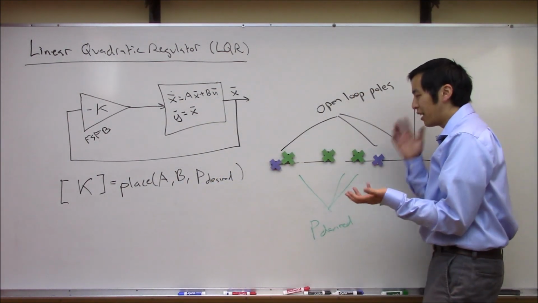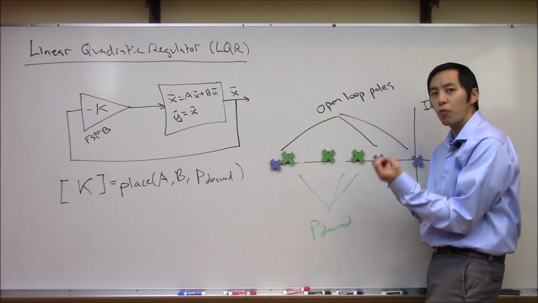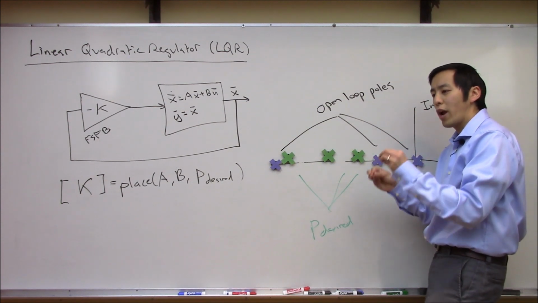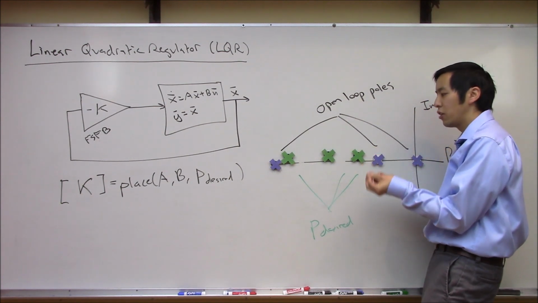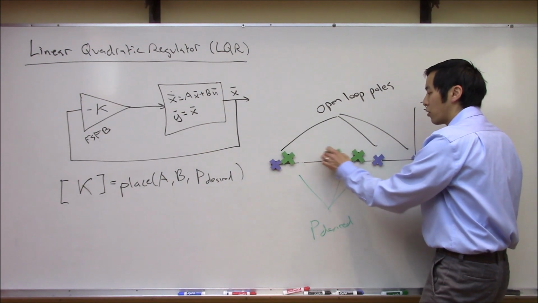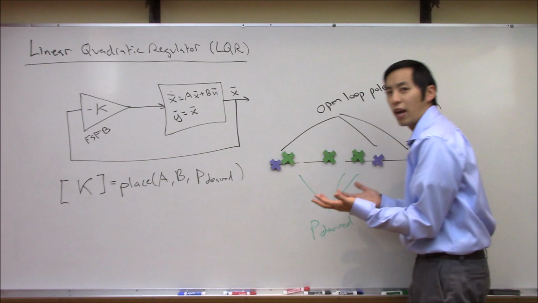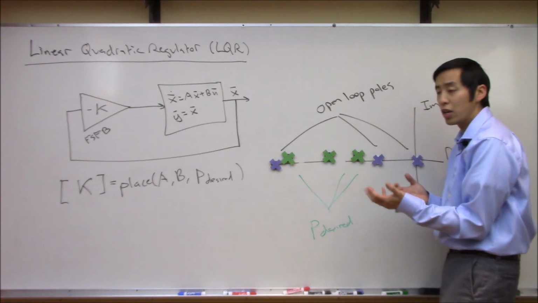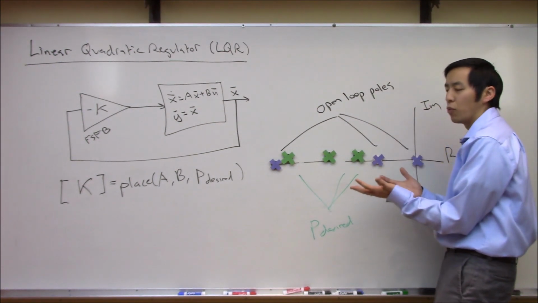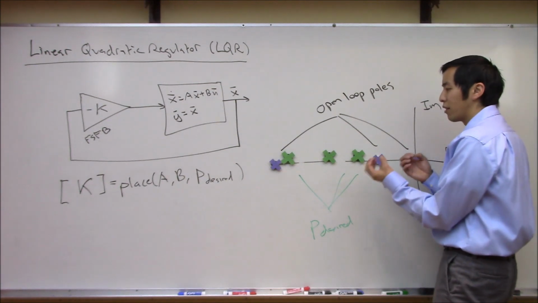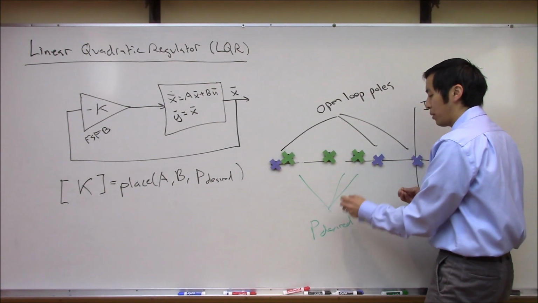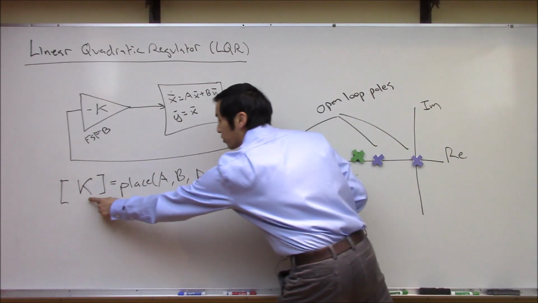But this was a little bit unsatisfying in the sense that there wasn't a real knob to twist and physically understand how changes of these green X's affect the controller or the behavior of the overall system. That was the problem with full state feedback control: it was difficult to understand the relationship between P desired and the resulting K.